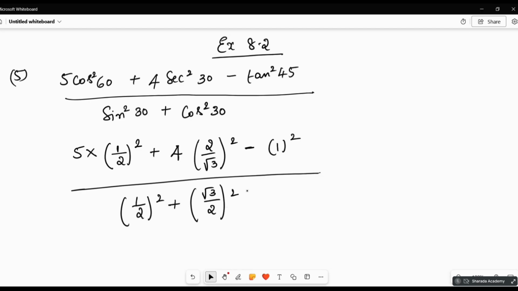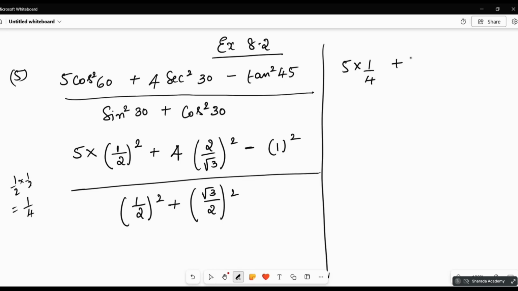If you have doubt, just listen once. Whenever it's a square, just multiply the number 2 times. So 1 by 2 into 1 by 2 is 1 by 4. So it is 5 into 1 by 4 plus 4 into 2 by root 3 into 2 by root 3. 2 2s are 4, root 3 into root 3 is 3, so 4 by 3, minus 1 square is 1.